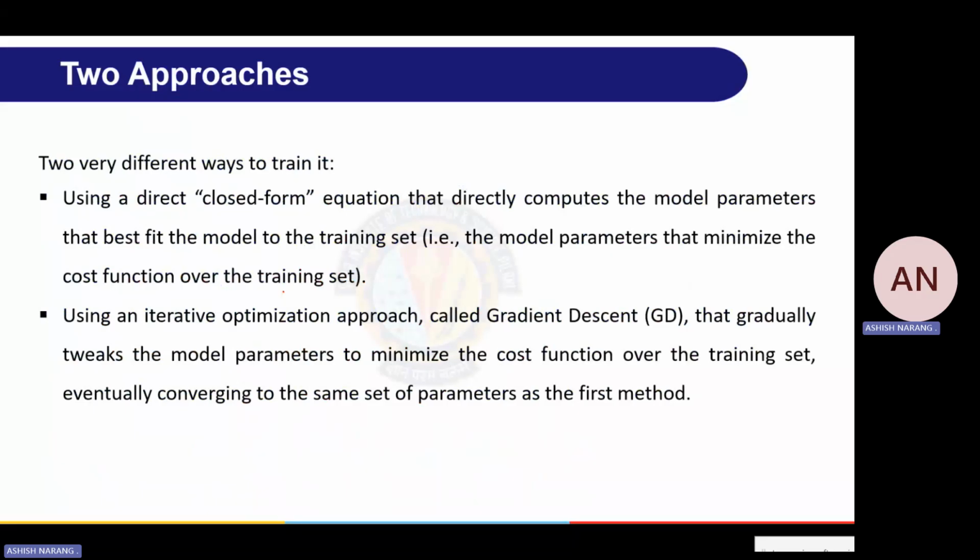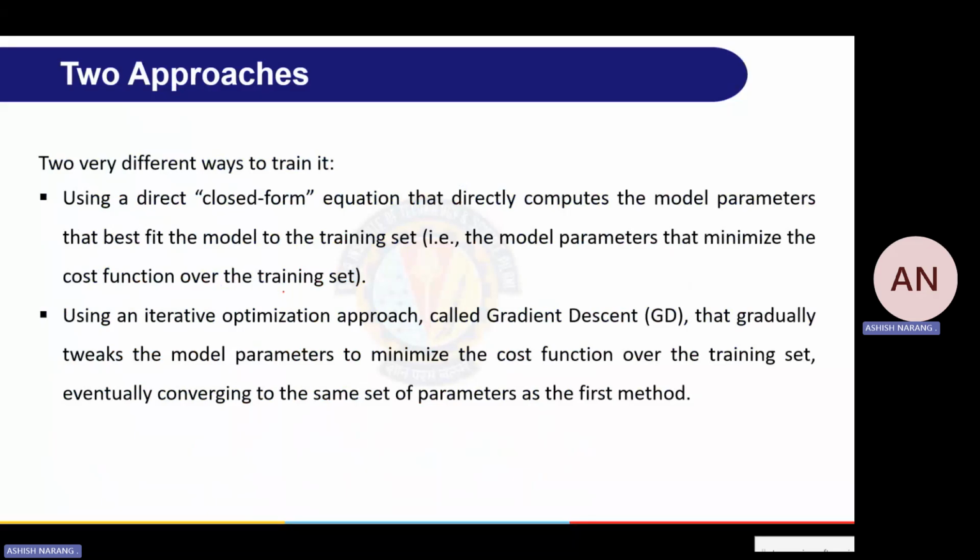So now, how to solve the regression problems? Objective, as I told you, I want to find out the weights, how much every input feature is contributing towards predicting the house price, right? That is what I want to learn. And there are two different ways to learn those weights. One is using a direct closed form equation.